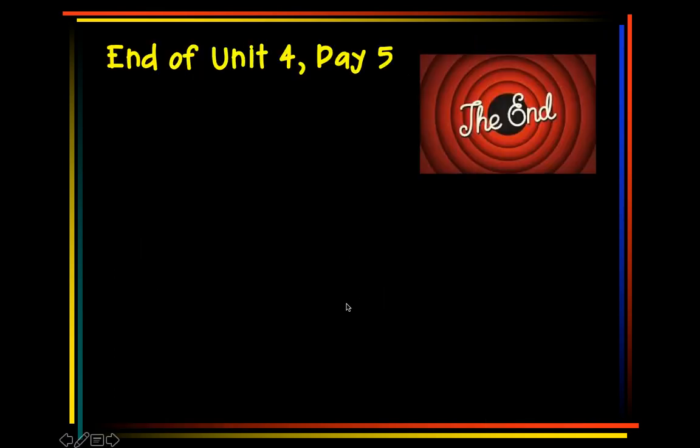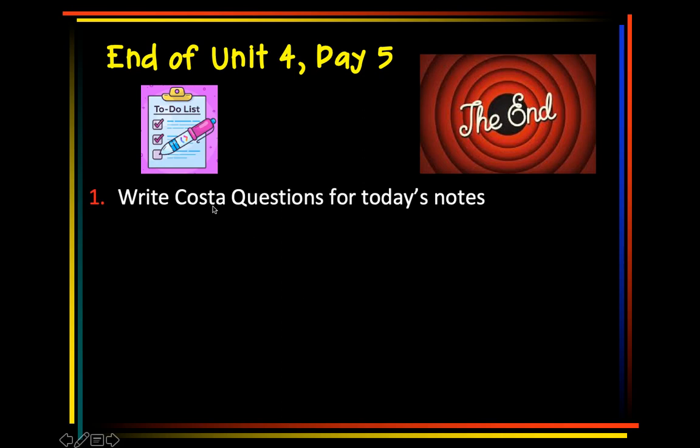All right. So that brings us to the end of our notes for today to introduce this thing called Avogadro's number. But because this is kind of hard to visualize or talk about because it's such a huge number, you're also going to do a lab activity today. So here's your to-do list. Notice that I didn't have you write any Costa questions during our notes because they were pretty short. So go back and write your Costa questions and your summary for today's notes. That gives you a chance to review and process and make sure today's information made sense.